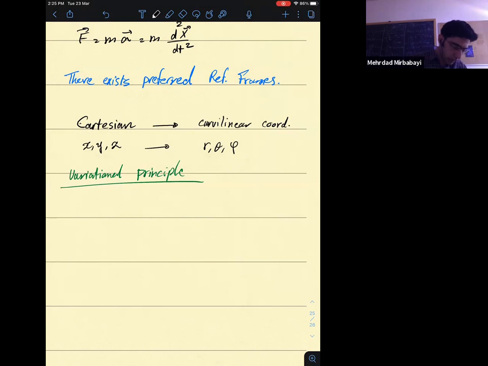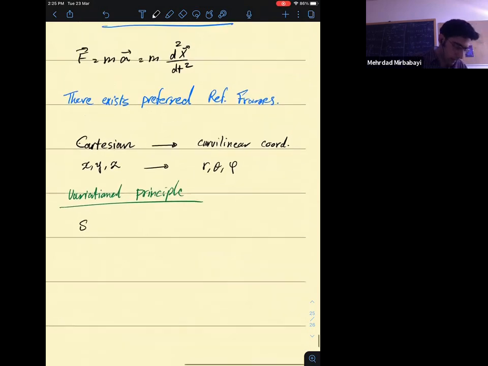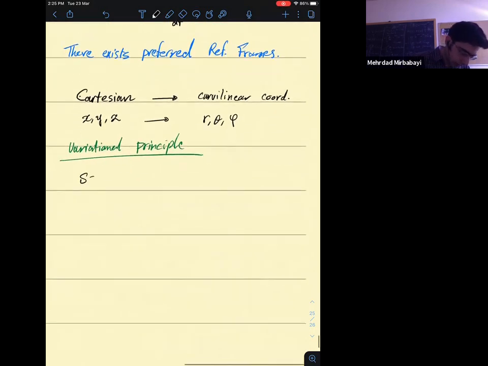What is that? If the laws of nature follow from the variation of an action, so we have, for instance, an action for X, the position of the particle. Or if we are working with some field theory like Maxwell theory, then we have some action for a set of fields. I generally denote those fields with psi, but this psi can be any field, could be the Maxwell field.